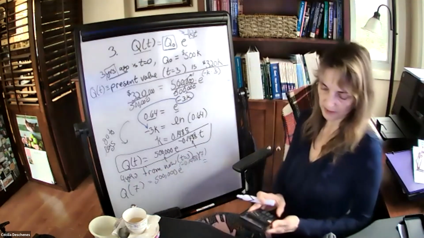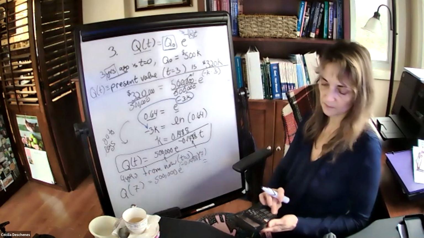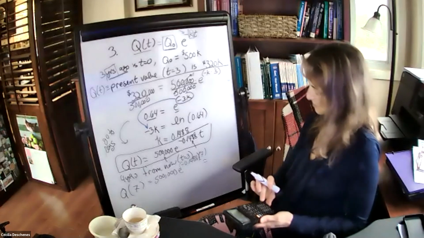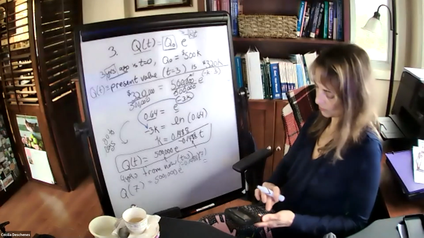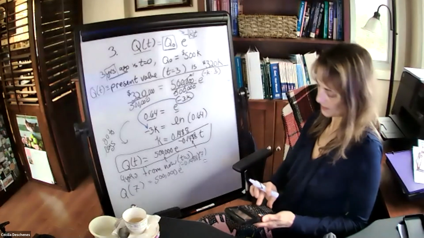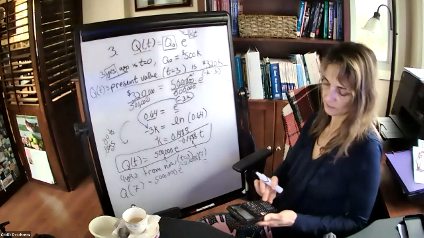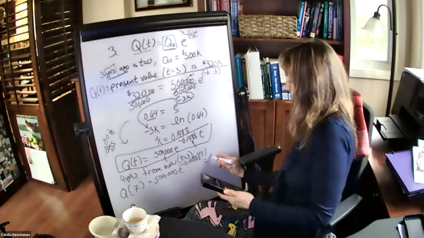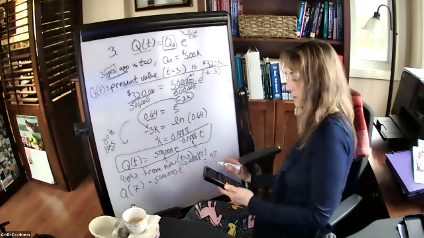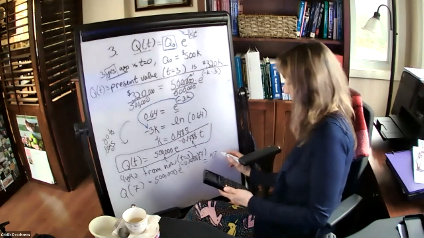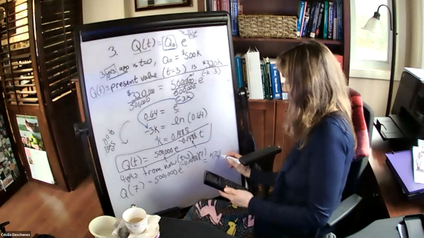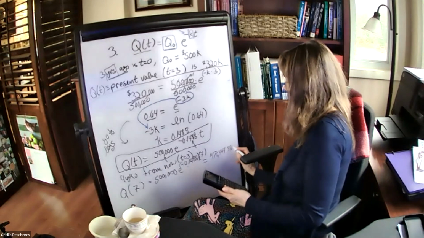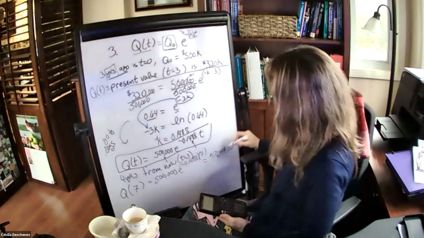So we're going to multiply this out and get 500,000 times e raised to the negative 0.1488 times 7. And I get that it's approximately, and because we're dealing with money, we're going to round to the penny, $176,444.80.